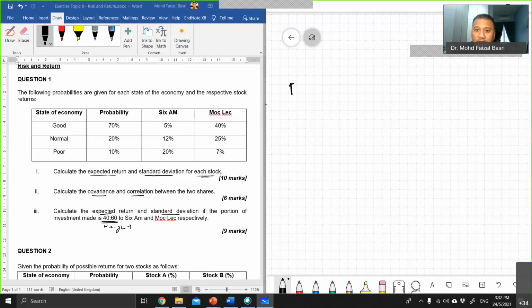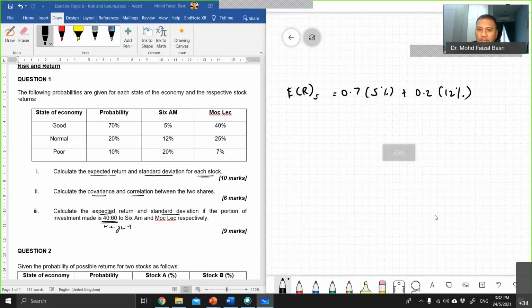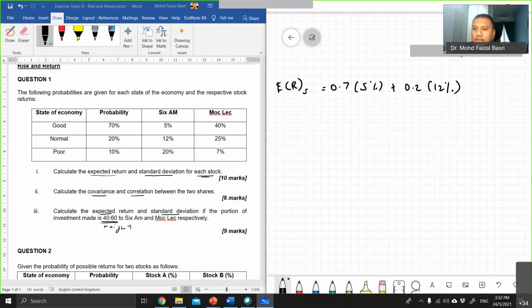So I'm going to calculate the ER for S, which is 6AM. I use the letter S as my initial. So it's going to be 70% times 5, plus 20% times 12, plus 10% times 20.